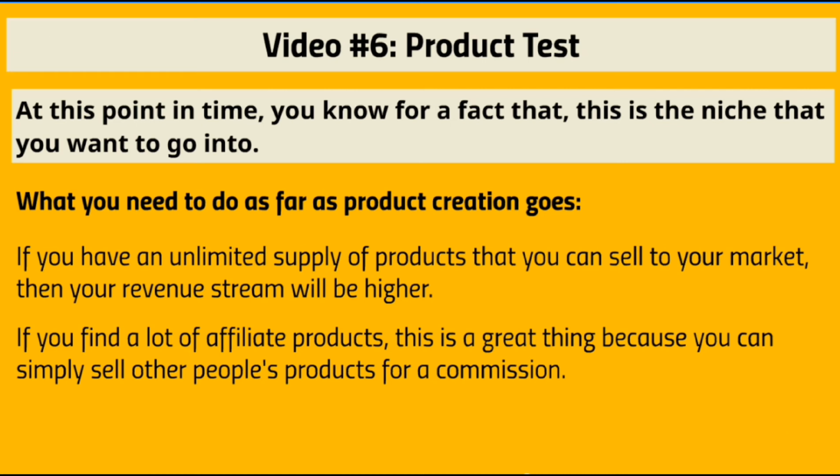Now, that's the nice thing about products, but product creation definitely does take time. And a shortcut of that is what we call private label rights products. What that means is you have somebody who has created a video course or a report or an ebook or some sort of product, and they are giving you rights to put your name on it and make it as your own.